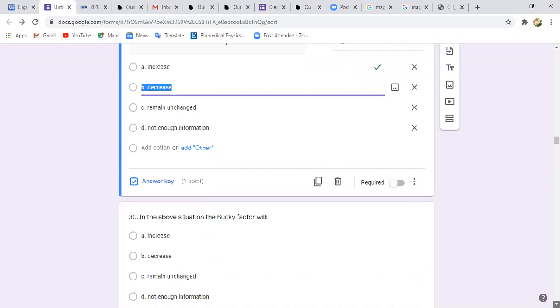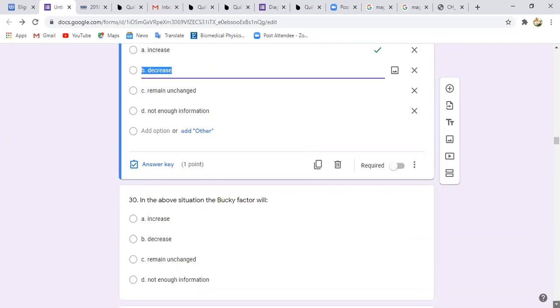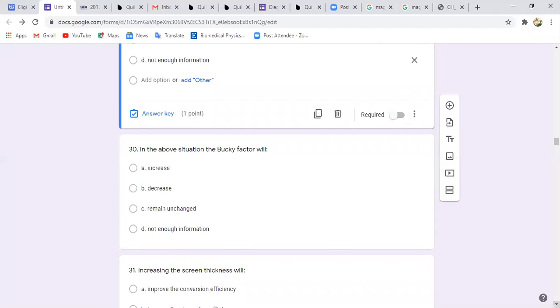So in the above situation, what will happen to the Bucky factor? The Bucky factor will be the same, as it's also the same thing as the exposure.